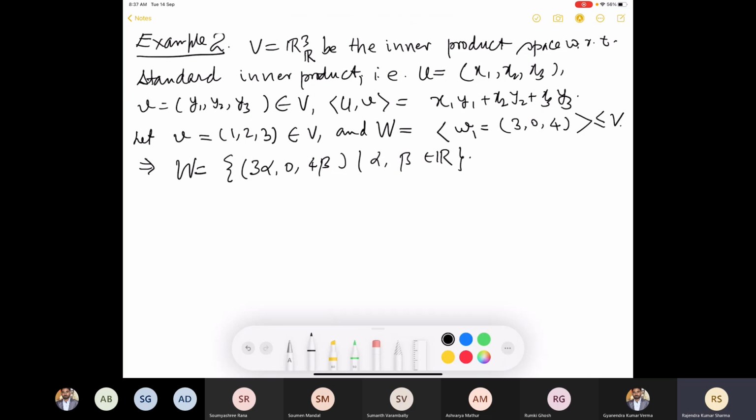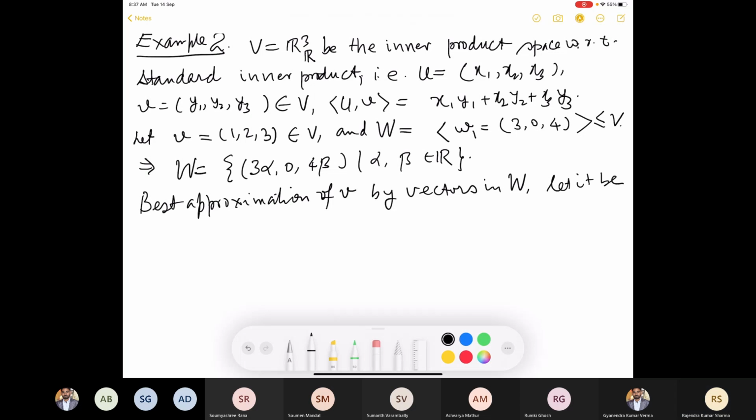So we want to know the best approximation of V by vectors in W. So let it be W naught.